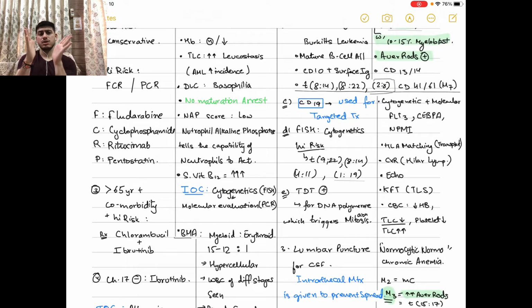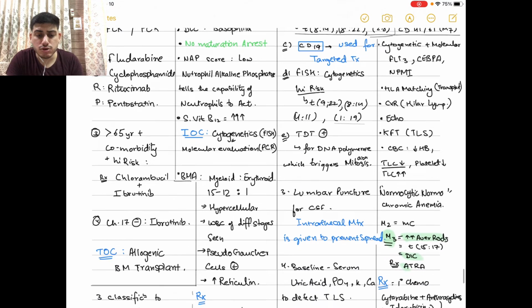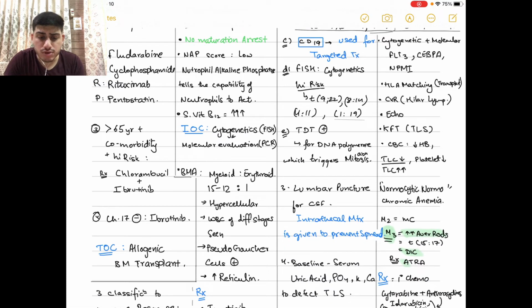What happens is the growth of the cell is so much more that the cell which has been formed earlier doesn't get enough time to mature and get spread into the blood as a mature cell. Rather, the immature cells' growth is so much more that it kind of burdens up there. Okay, so now the NAP score, that is neutrophil alkaline phosphatase score.